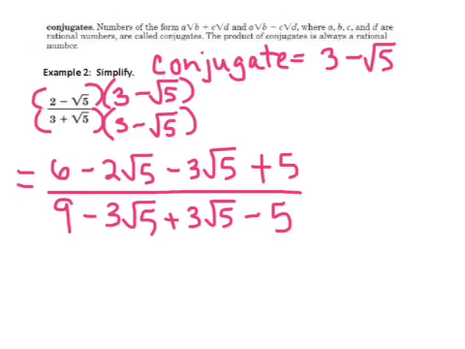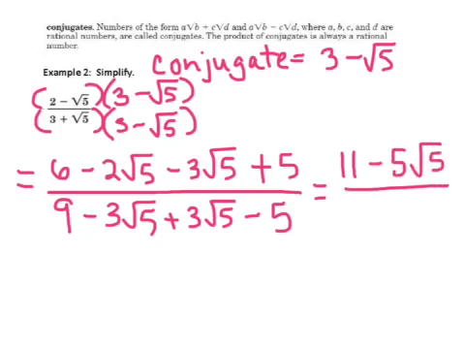Now let's combine like terms in the numerator. Here we have 6 plus 5 for 11 for the 2 integer components. And for the 2 radical components, we have negative 2 root 5 and negative 3 root 5 for a grand total of negative 5 root 5.